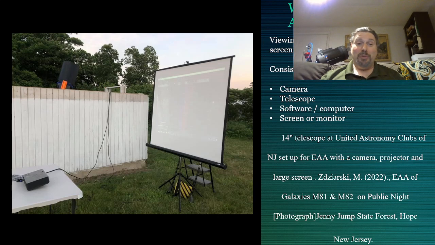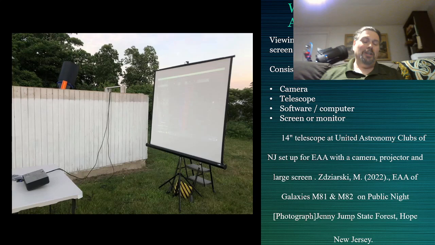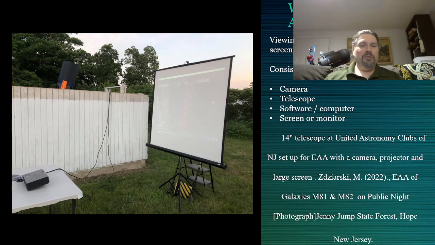So we actually used a smaller telescope than the one you see in the picture here, but the images were blown up on a giant screen. People came with picnic blankets and whatnot, and we were able to discuss what we were seeing, which was kind of great.